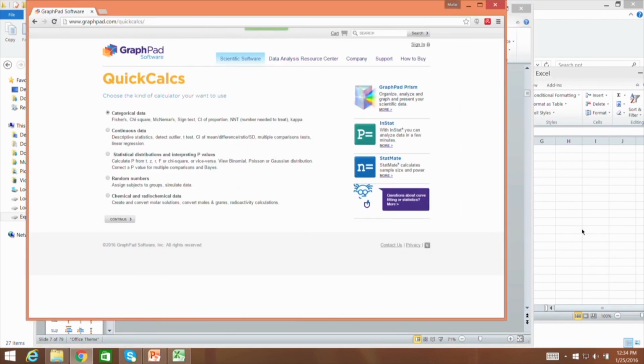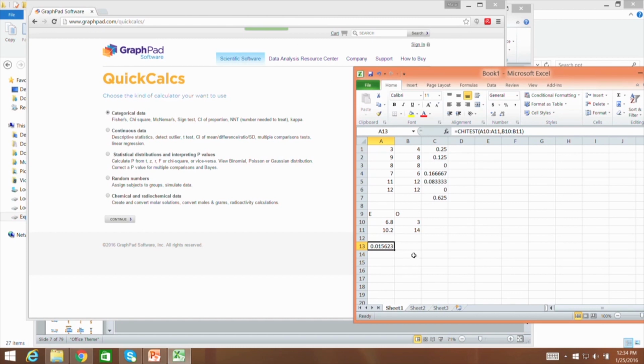So the chi-square distribution table, as you know, okay.